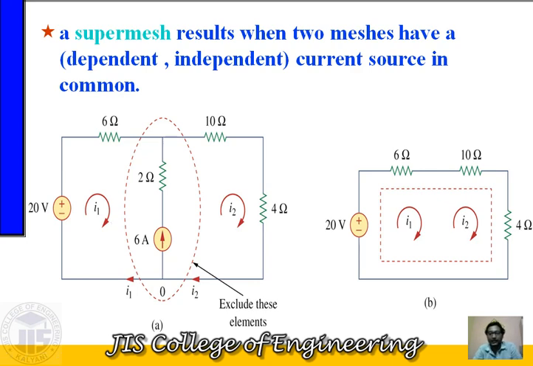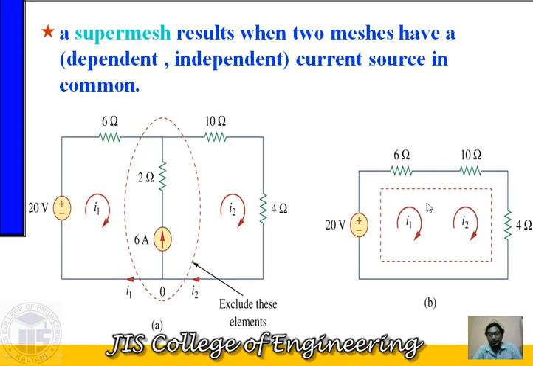Whenever we apply KVL, it will be applied as per the super mesh concept, that is, by neglecting the current source branch and applying KVL to the remaining paths, with the currents remaining as before.